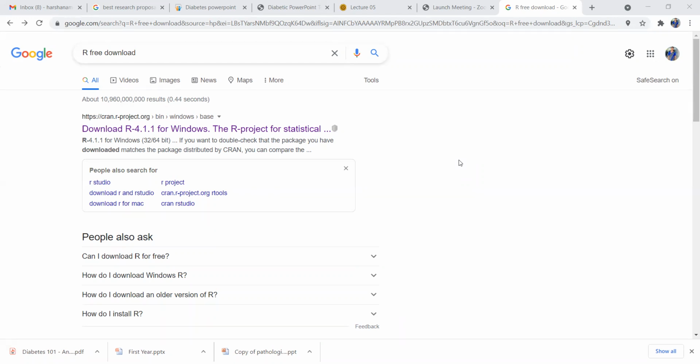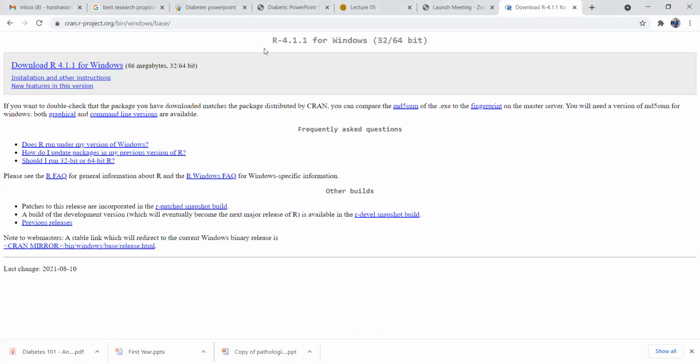So now I'll show you how to download R. You can just Google search R free download, and then you will see this: download R 4.1.1 for Windows. So you can just click that, and then you will see download R 4.1.1 for Windows.